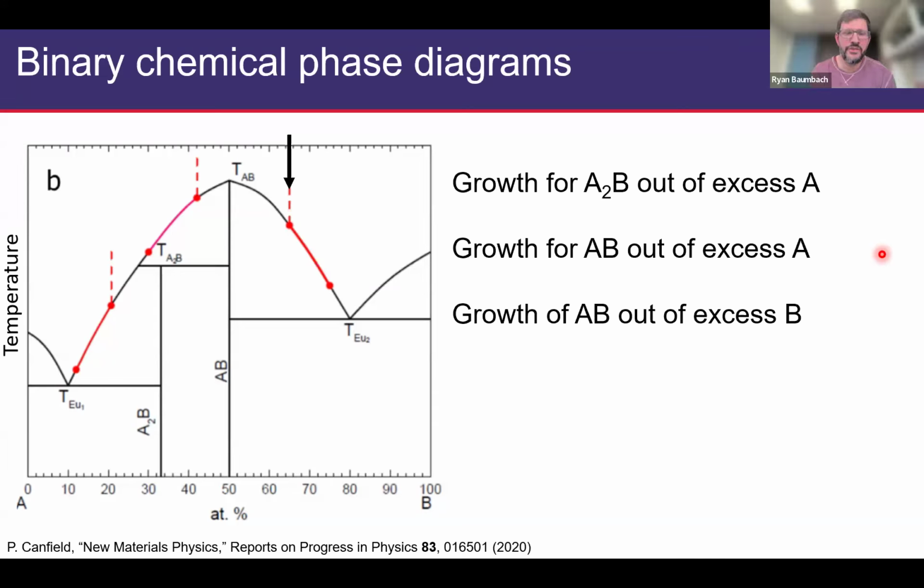Okay. So if you started at AB, let's say that you really had 50-50, there wouldn't be an opportunity for it to go left or right. It would form AB. And the reason is that that's the thermodynamically stable phase there. But if you were slightly to the left or slightly to the right, the situation would work a bit differently.